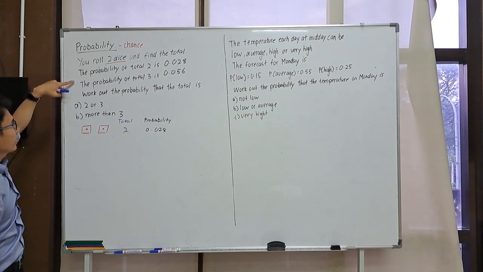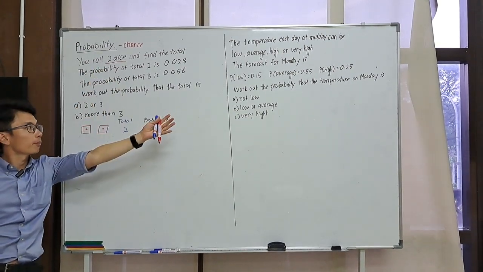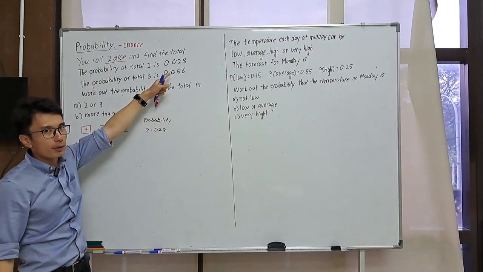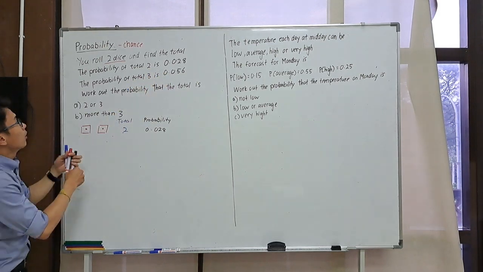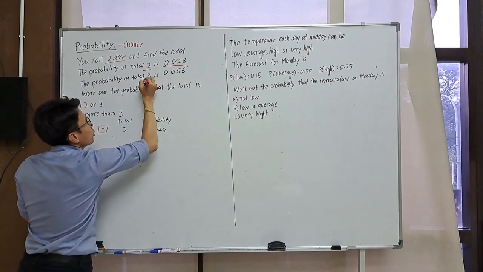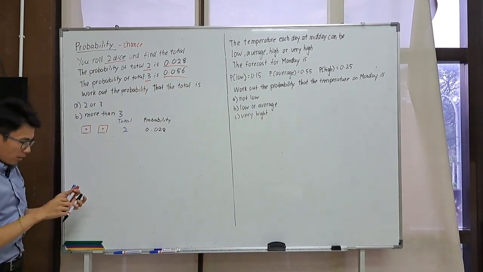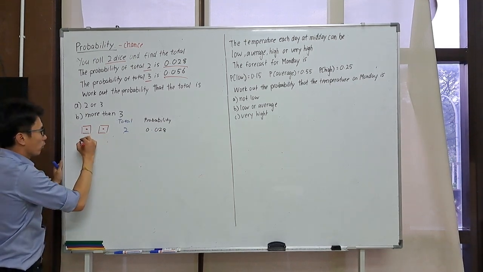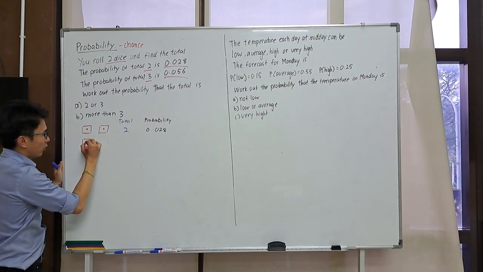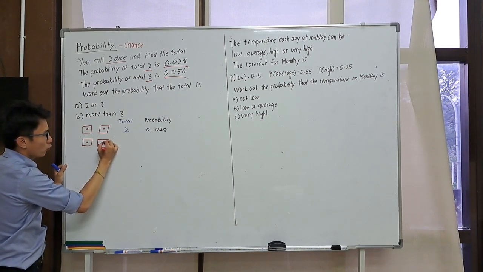Alright, so we solved the first line. Let's do the next line. The probability of the total is 3. Okay, it's this probability over here. So I have a combination of 2, this probability, 3, this probability. So how does my dice look like if I were to get this? My first row, maybe I will get 1, and the second row, I will get 2.